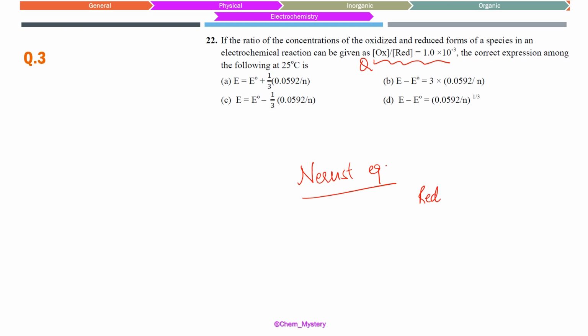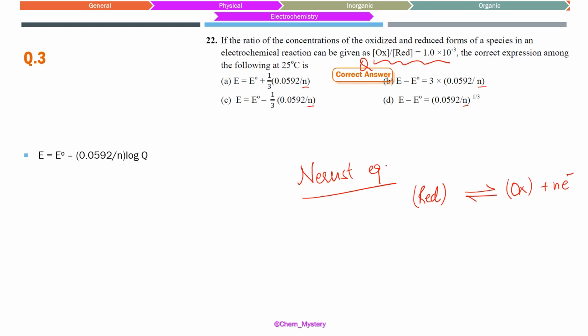So basically we have got some reduced form, for any given species, and this is undergoing oxidation, and there will be some n number of electrons being lost. So that n is appearing in all our expressions. We did not bother about what was the value of n. We just need to write the values. So the answer to this question was coming as B.